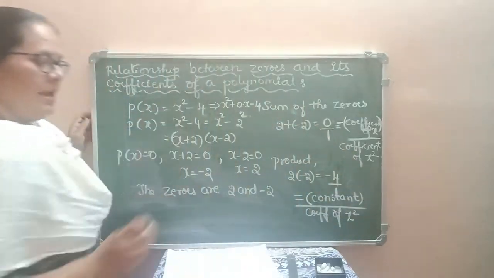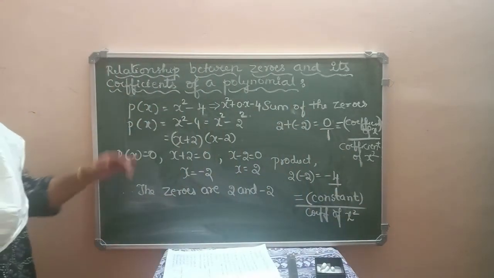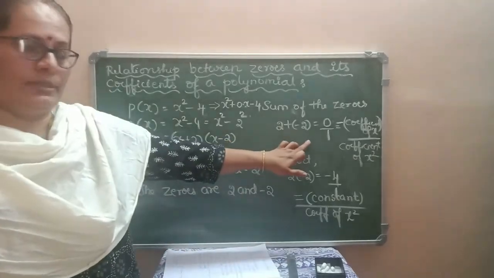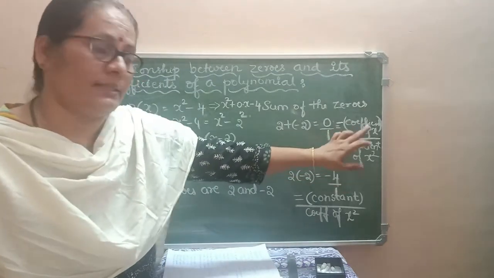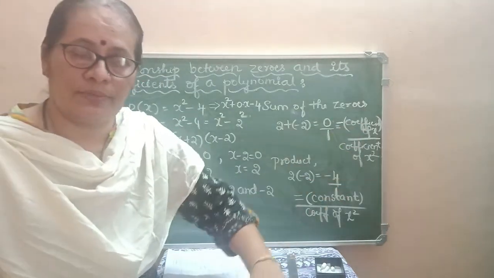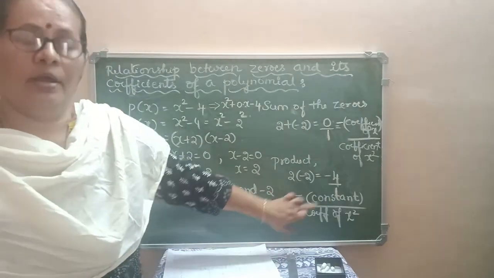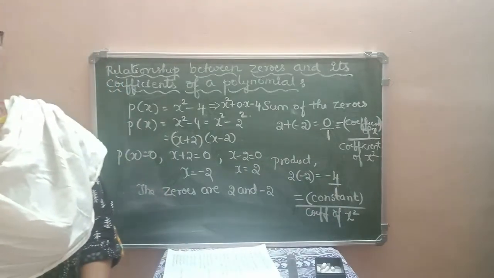Now you can see the relation between zeros and coefficients. Sum of the zeros is nothing but minus of coefficient of x upon coefficient of x square, whereas product of the zeros is nothing but constant term divided by coefficient of x square.